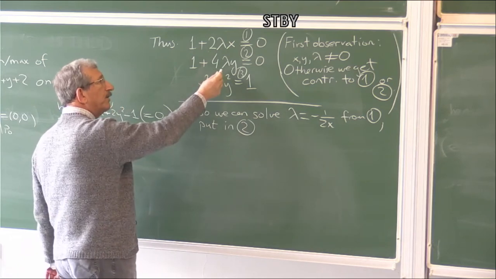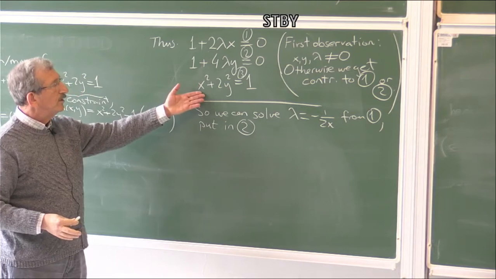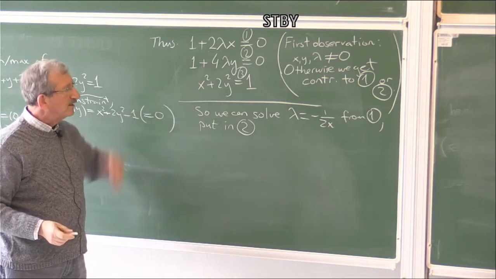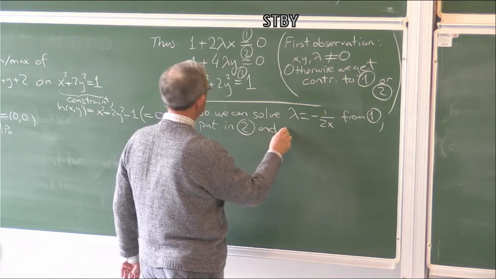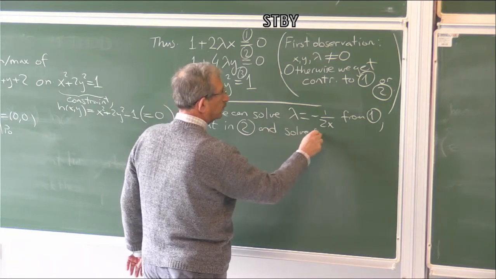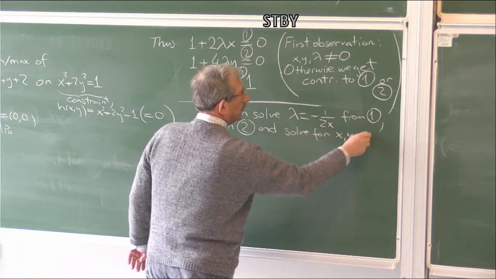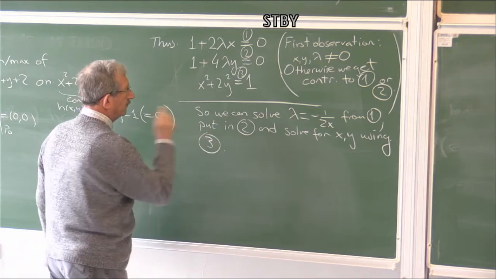Then there will be an equation without lambda, and you can solve the 2 resulting equations for x and y using equation 3.